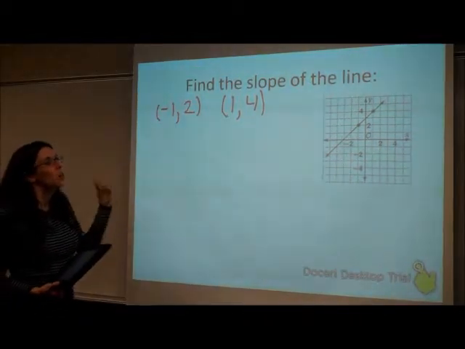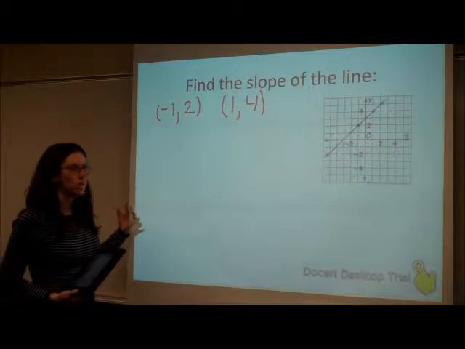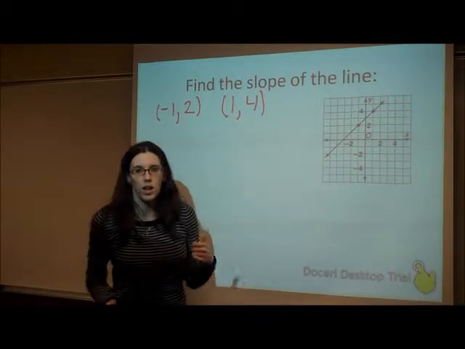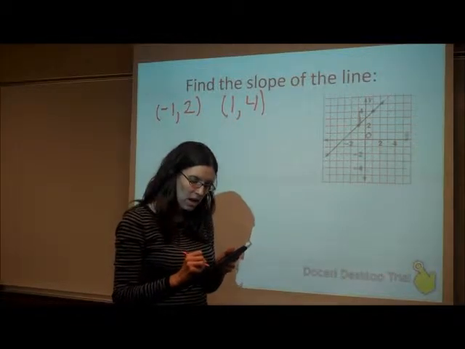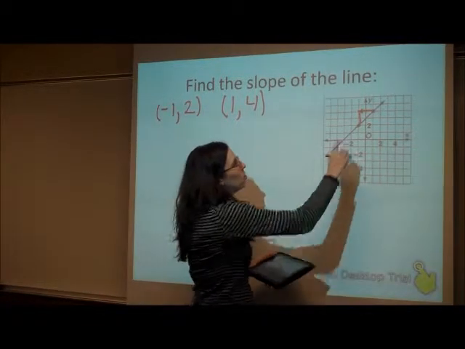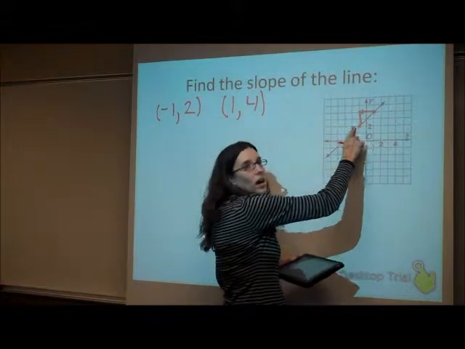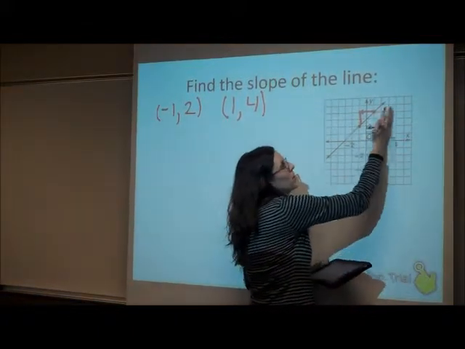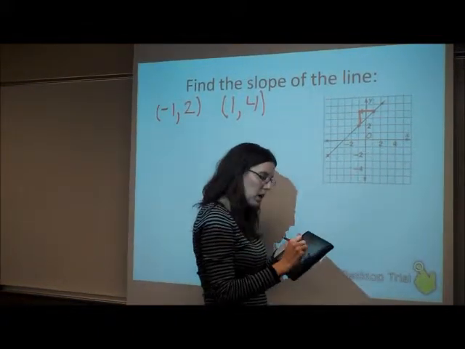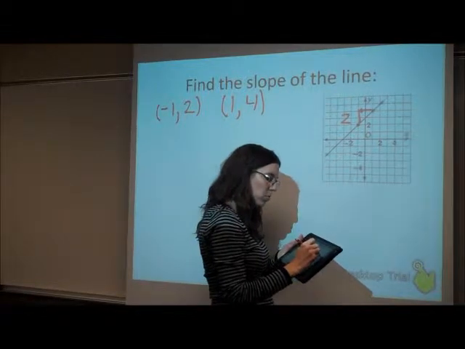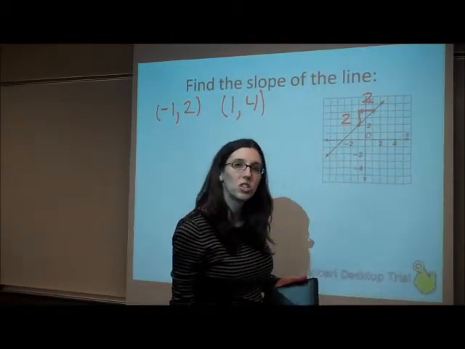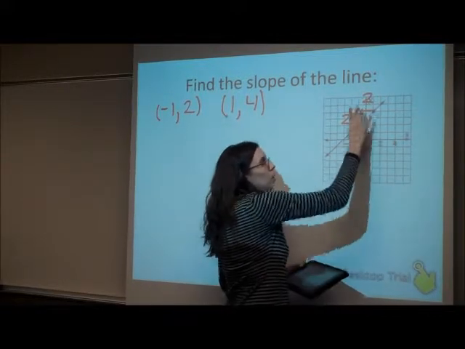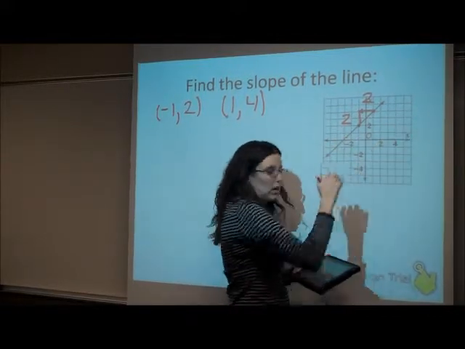Now, going back to our slope definition, it is the rise over the run. There's a couple different ways you could do this. You can look at the graph and you could look, okay, how much did we rise going from the point on the left to the right? Well, we went up 2, then we went to the right 2. On a graph, both of those directions are positive. Going up is positive, going to the right is positive.